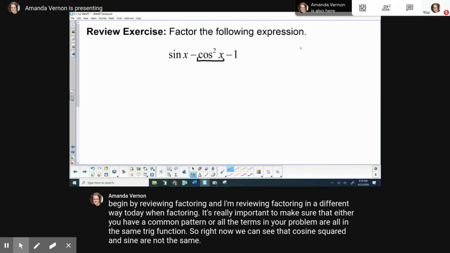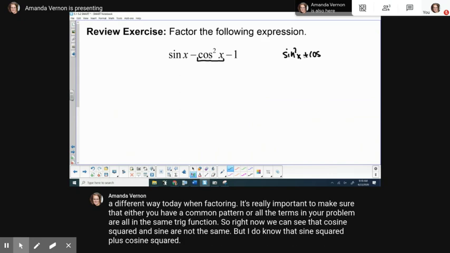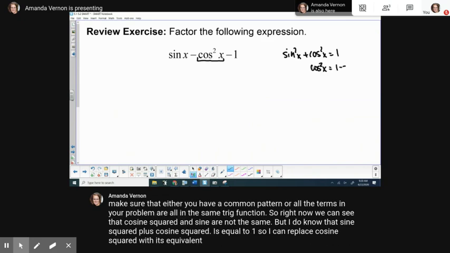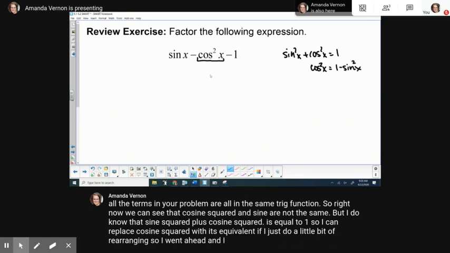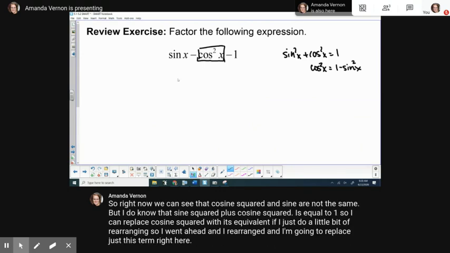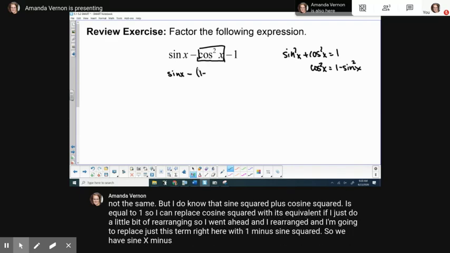But I do know that sine squared plus cosine squared is equal to 1. So I can replace cosine squared with its equivalent if I just do a little bit of rearranging. So I went ahead and I rearranged, and I'm going to replace just this term right here with 1 minus sine squared. So we have sine x minus 1 minus sine squared of x.